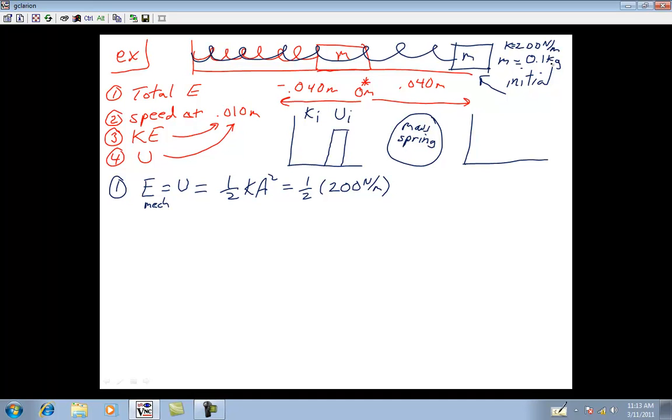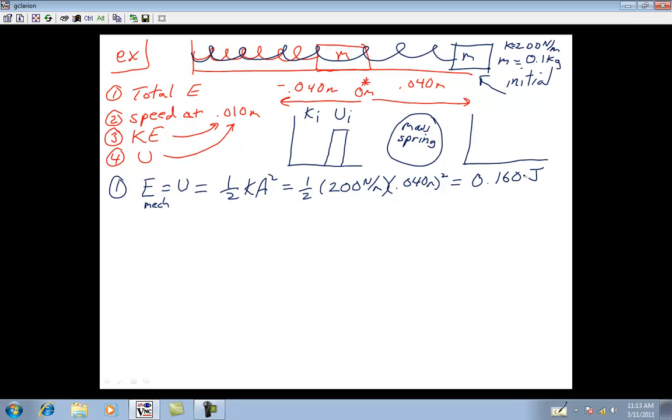All right, and so we would plug in, what would I plug in here for the amplitude? 0.040 meters. I'm going to square that. Does anyone put that in their calculator? The whole thing is 0.16 though.